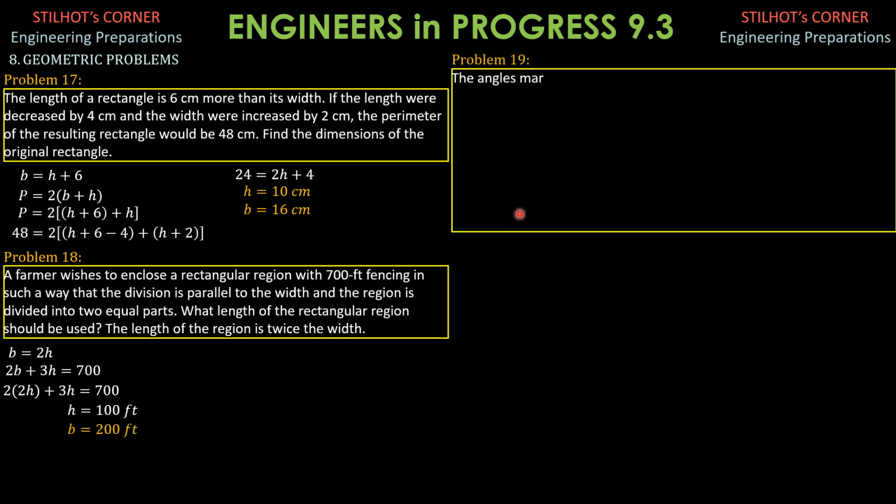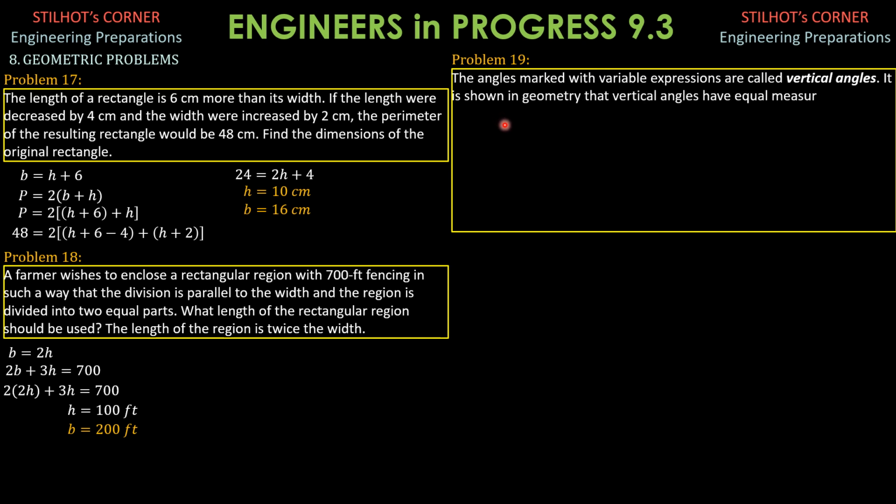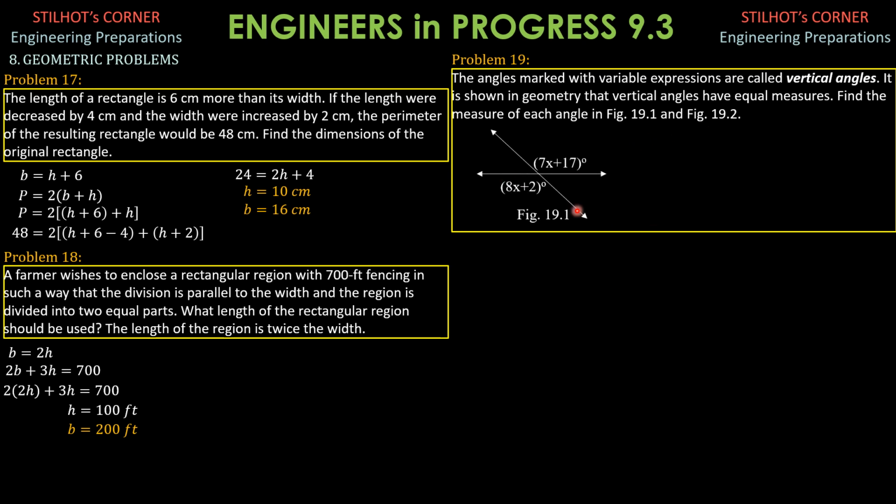Problem 19. The angles marked with variable expressions are called vertical angles. It is shown in geometry that vertical angles have equal measures. Find the measure of each angle in figures 19.1 and 19.2. Here are the figures.